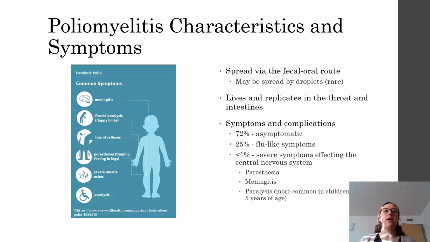We see on the left other common symptoms such as floppy limbs, loss of reflexes, and severe muscle aches. The paralysis can lead to muscle atrophy, and this is where you often see braces used or other therapeutic and orthopedic devices.